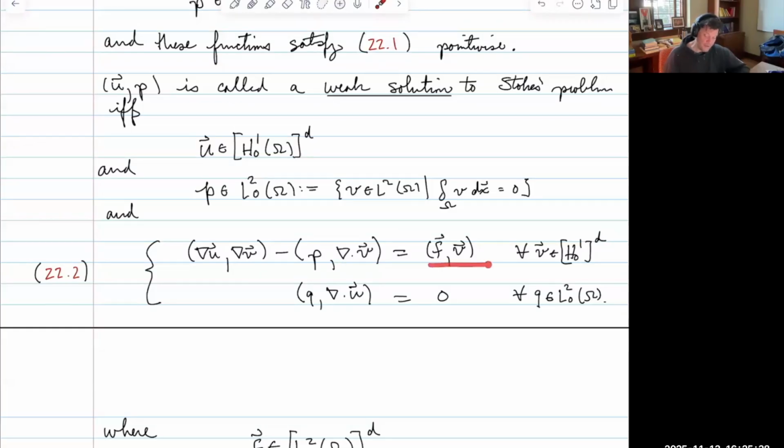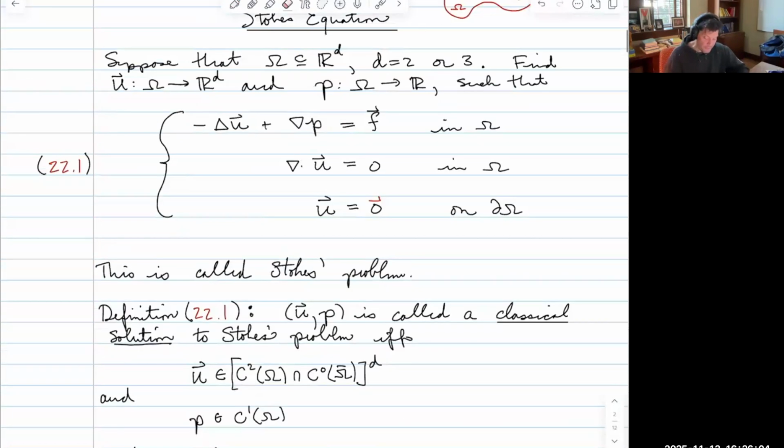And this just means my usual L2 integration of f dotted with v. I'm going to do what I've been doing lately and drop the L2 subscript there. Anything lacking a subscript, you just interpret as an L2 inner product. It's understood.